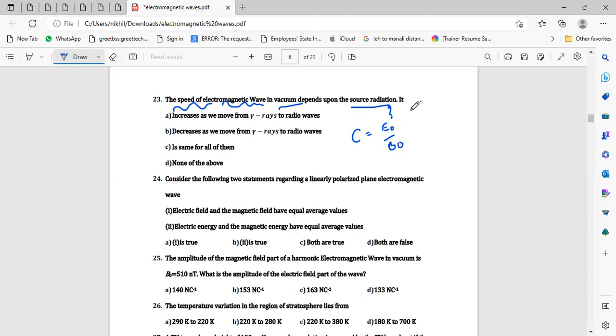It doesn't depend on any source. Therefore, for all the sources, the speed of the electromagnetic wave in vacuum must be the same. So C is equal to E naught divided by B naught.